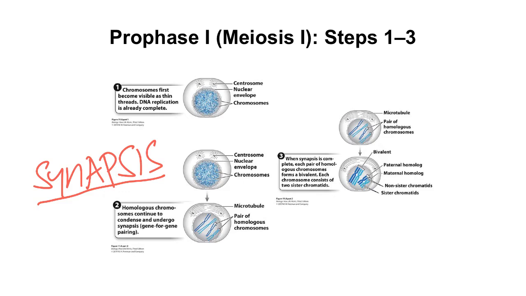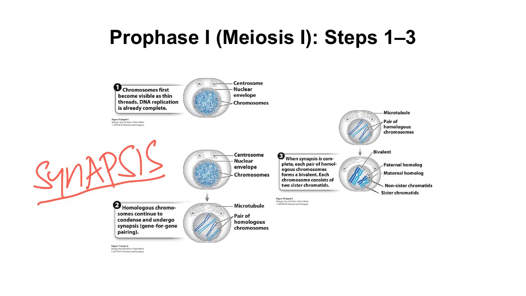Then in the third stage of prophase I, when synapsis, or the pairing of the homologous chromosomes, is complete, they now become what we call bivalent pairs. Bivalent pairs means that the homologous chromosomes have come in close contact with each other, so that each of their corresponding genes, remember homologous chromosomes have a similar set of genes.